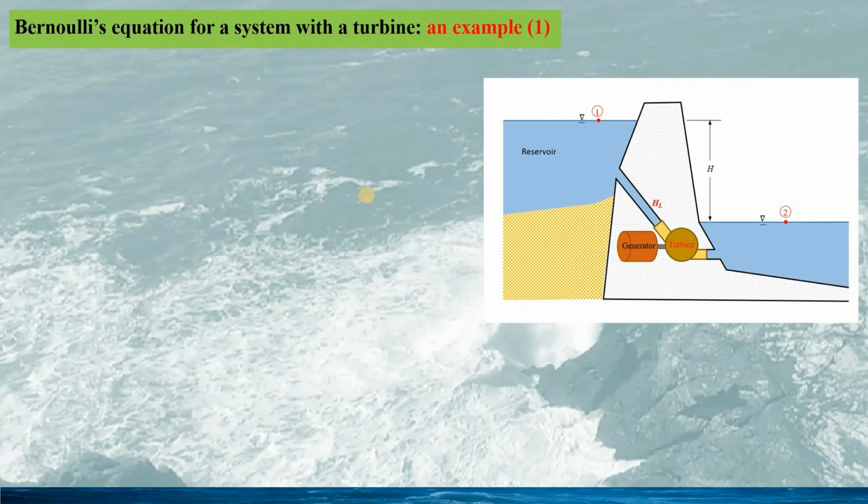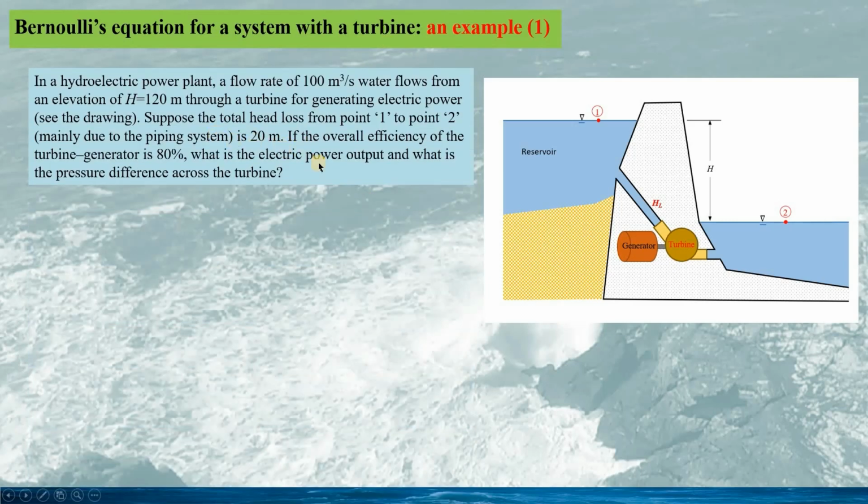In this slide, as an example, we show the application of the modified Bernoulli's equation for a system with a turbine. Suppose in a hydroelectric power plant, a flow rate of 100 cubic meters per second of water flows from an elevation of 120 meters through a turbine for generating electric power.